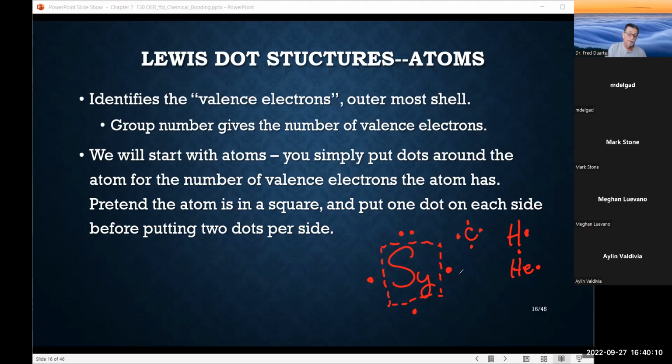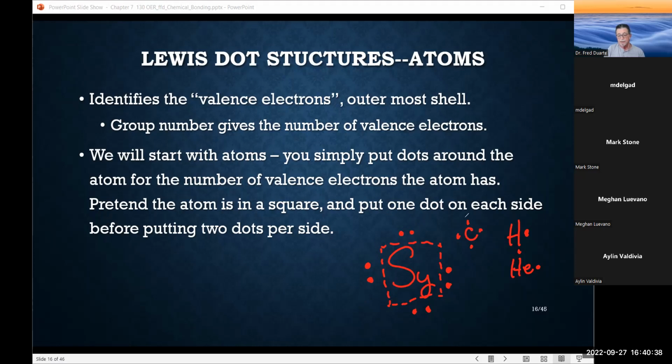Then we've got 6 valence electrons, 7 valence electrons, and finally we end up with the one with 8 valence electrons. So all the noble gases would have the Lewis dot structure with 8 dots around. And we just go around the horn like I stated. Where you start makes no difference. And you don't have to put a dotted line.